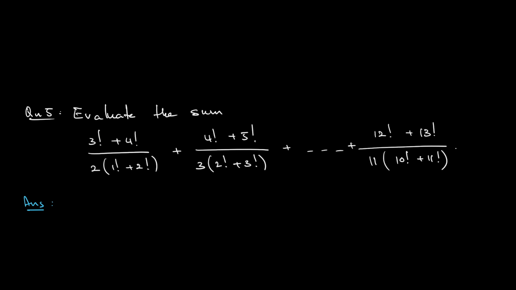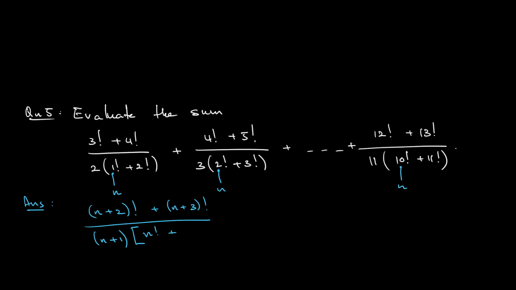So here the general term would be, if you take this value to be n, this value to be n, this value to be n, the numerator would be n plus 2 factorial plus n plus 3 factorial, divided by, 2, 3, 4 all the way to 11, that is n plus 1, bracket n factorial plus n plus 1 factorial.